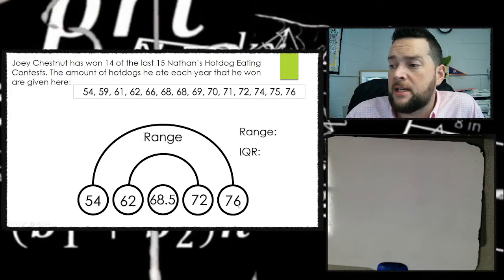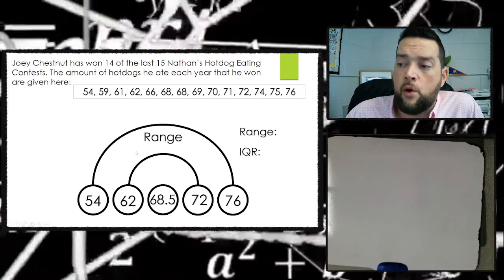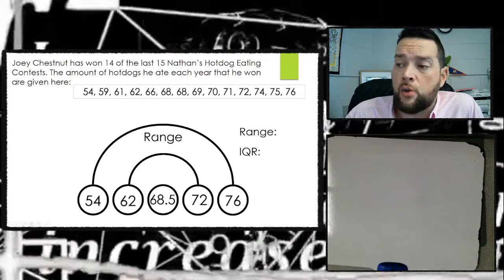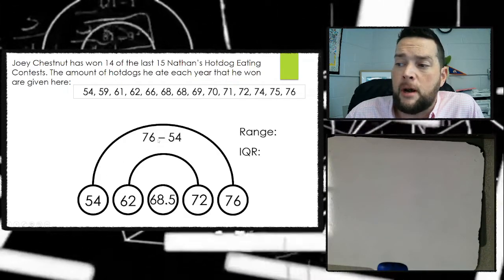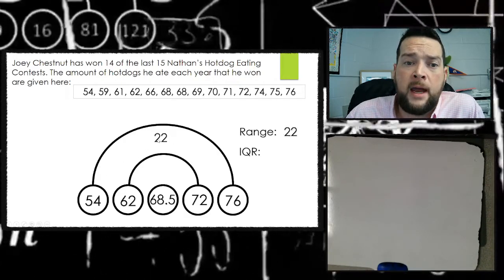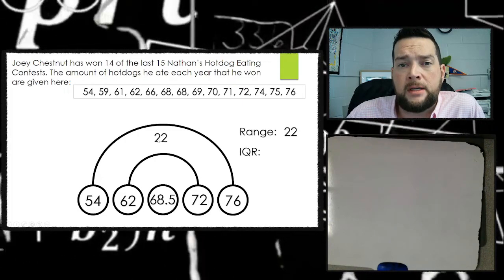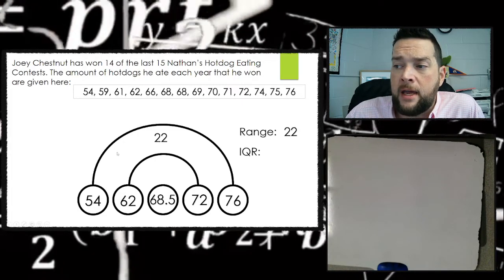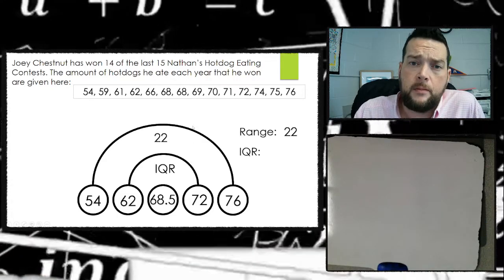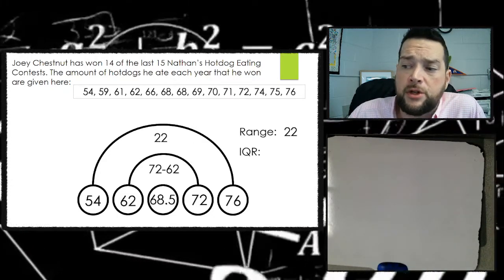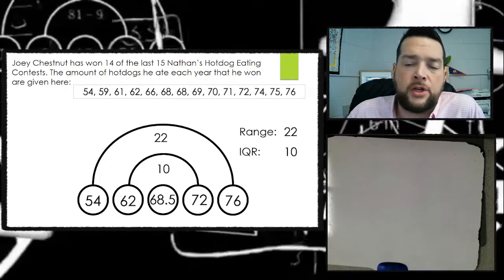So you take 76 minus 54, that's going to be your range. Your range, again, is the distance between the greatest and the least. You take those two numbers, subtract them, and you'll find out what your range is. And then for your interquartile range, once you find the Q1 and the Q3, you take those two numbers and subtract them, and that's your interquartile range.